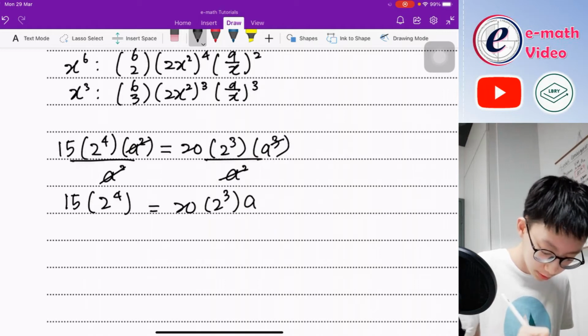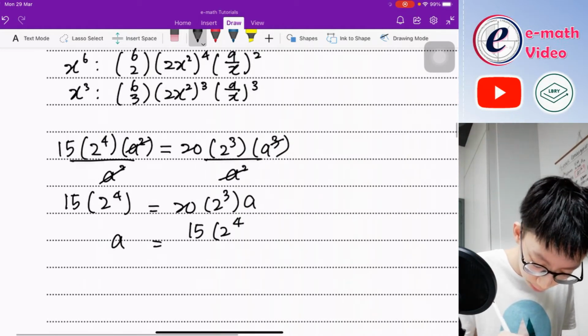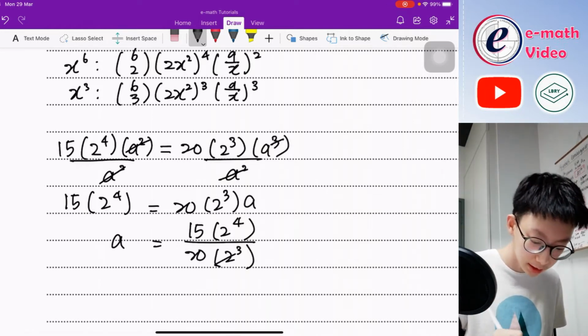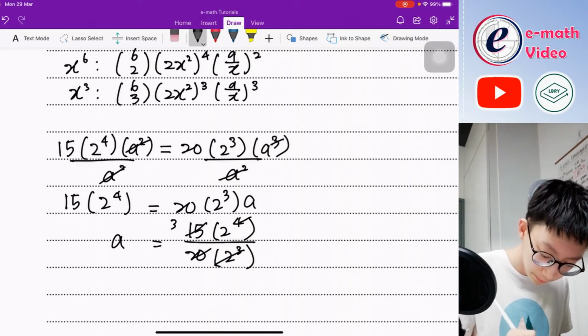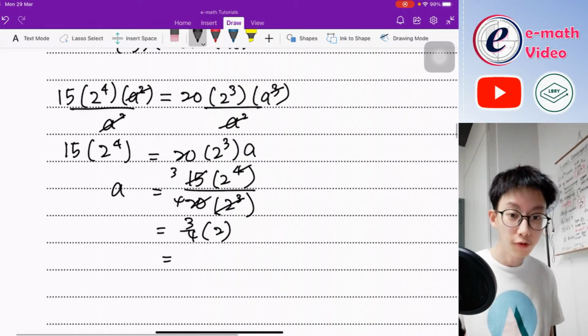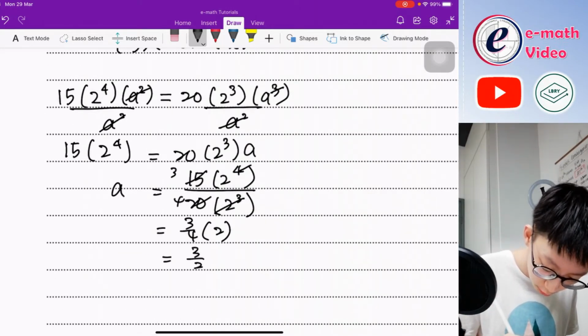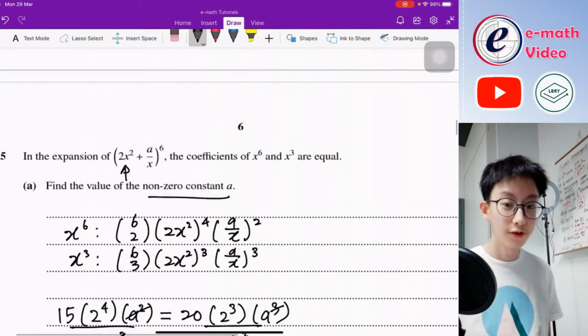So just rearrange it: a is 15 times 2 to the 4th power over 20 times 2 to the 3rd power. This reduces to 3 over 4 times 2, which is 6 over 4, which is 3 over 2. And that's it. It asks us to find the value of constant a, right?